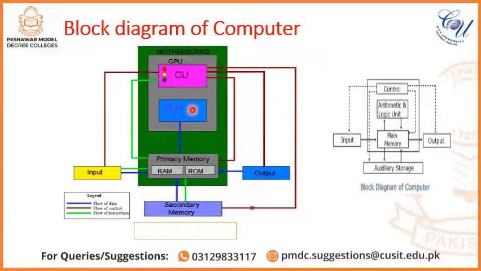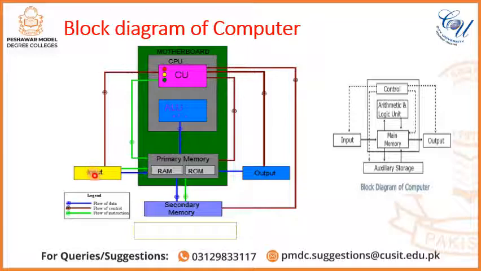The arithmetic logic unit performs all arithmetic operations such as addition, subtraction, multiplication, and division. It also uses logic operation for comparison. The control unit of the CPU controls the entire operation of the computer. It also controls all devices such as memory and input-output devices connected to the CPU.